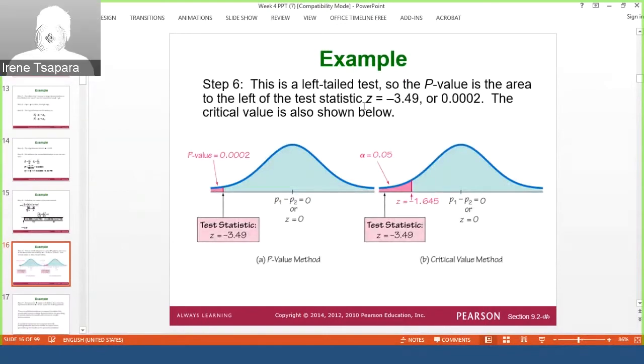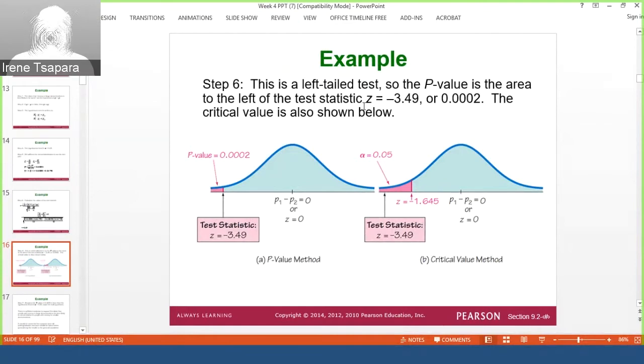So what you need to do is find the p-value and compare it with the significance level. You can do it either by finding the p-value, or if you want, using the critical value. One of the two methods will work out fine. The corresponding p-value for negative 3.49 is going to be 0.0002.